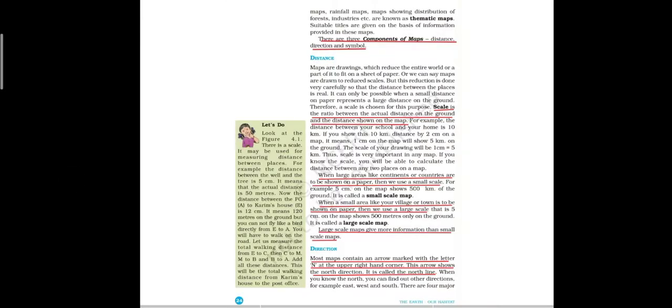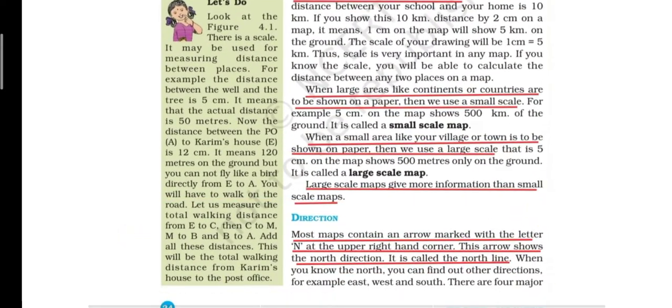So what is a north line? The arrow on the upper right hand corner that shows north direction is called a north line. These type of questions can be asked for 1 or 2 marks, children, to define the north line.